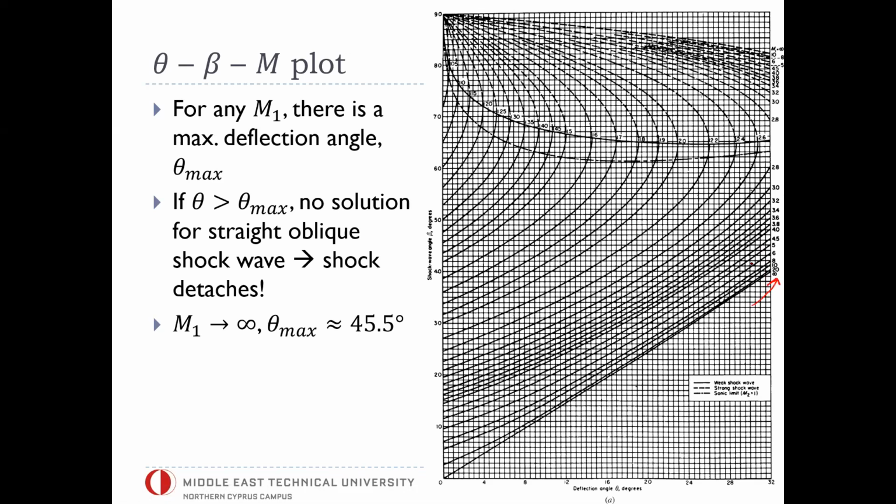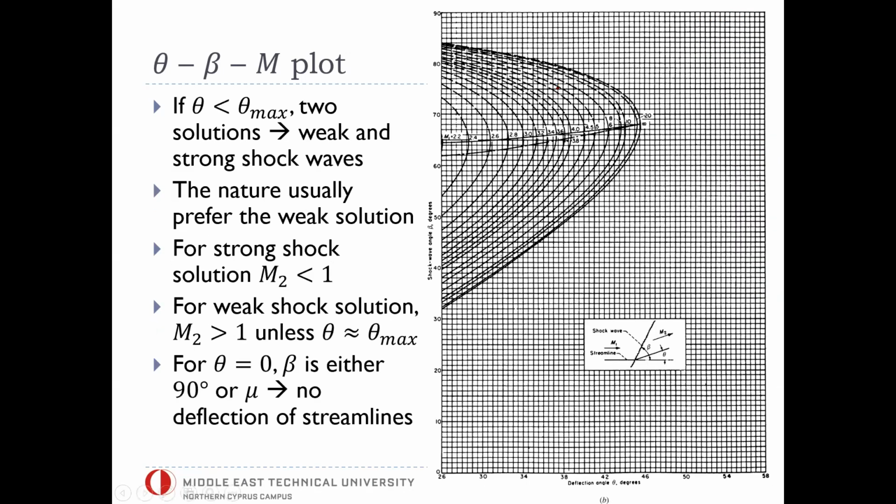These numbers are Mach numbers for each curve. So you can see 2.83, 3.2, and here it goes down like that. So those are Mach number curves.